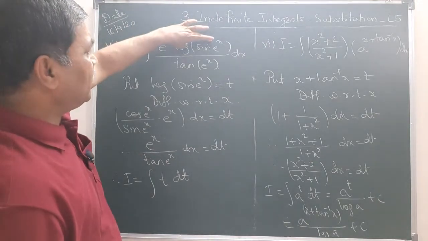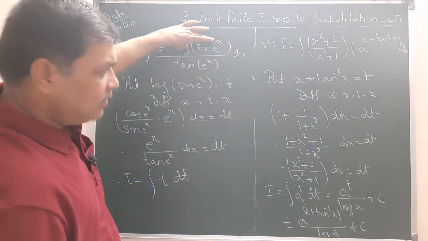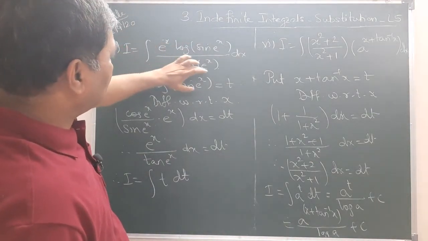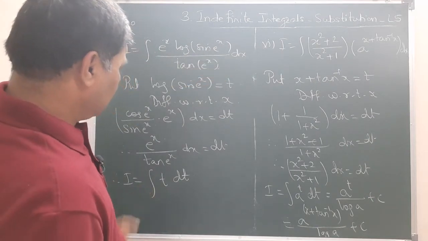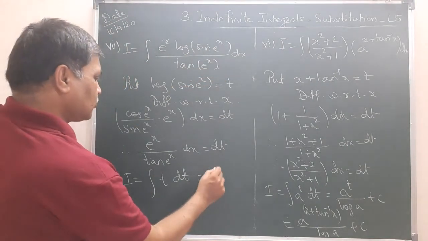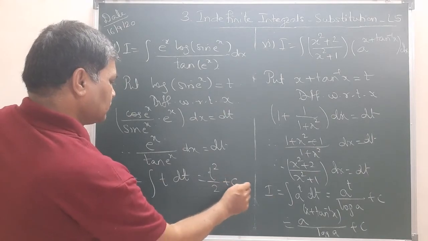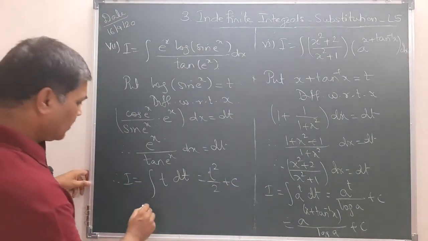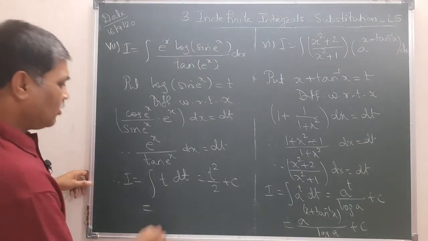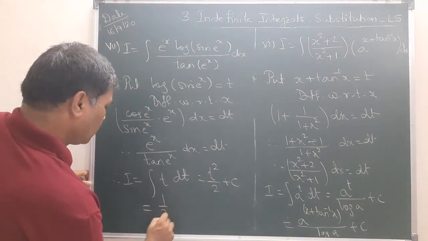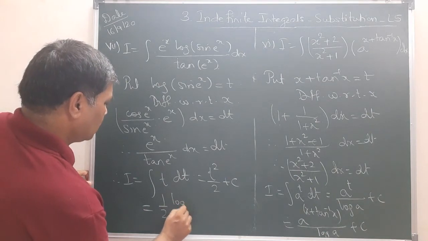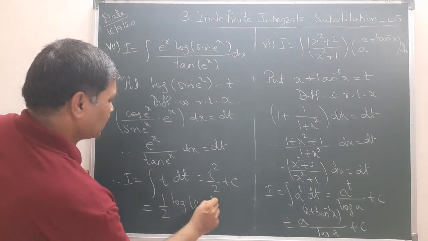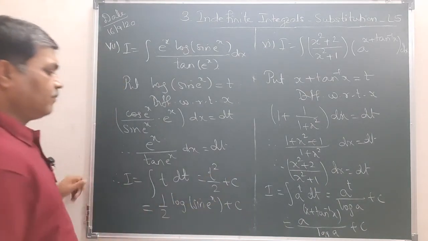Log of sine of e raised to x is t, and this e raised to x upon tan e raised to x dx is dt. So which is nothing but t square by 2 plus c. And then again what is your t? Resubstituting, we get 1/2 times log of sine of e raised to x, whole square, plus c.